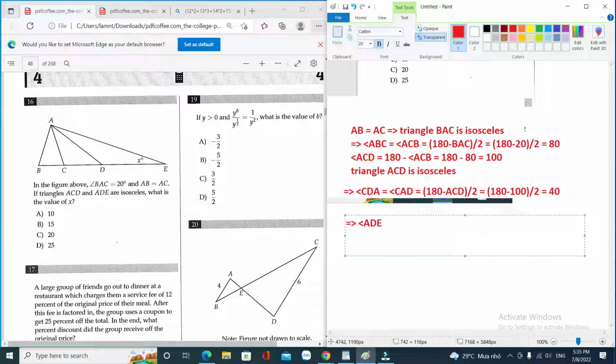ADE is gonna be 180 minus ADC, all the same. So that's just 180 minus 40. That's 140. Okay. And similarly, we can do this, because we also have ADE is isosceles.